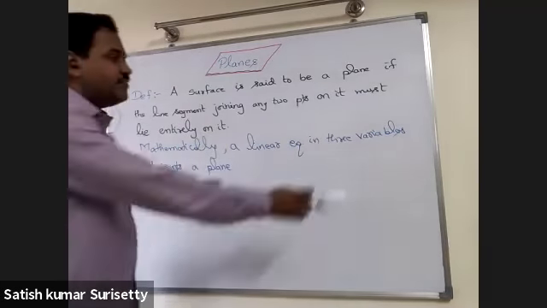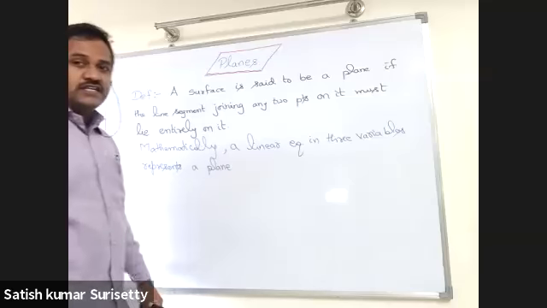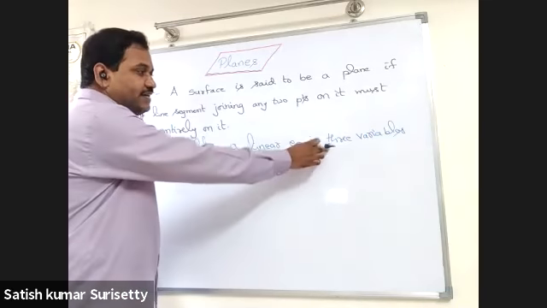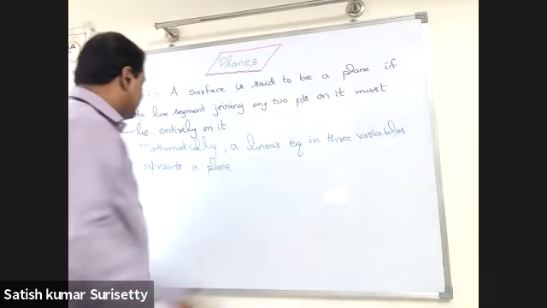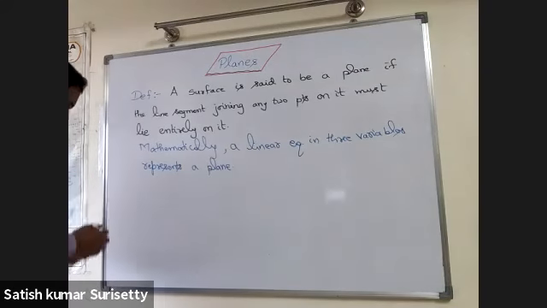So instead of 3 variables, if it is 2 variables, it represents a straight line. Whereas if it is 3 variables, it represents a plane.